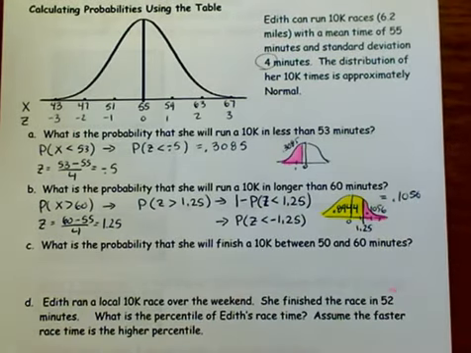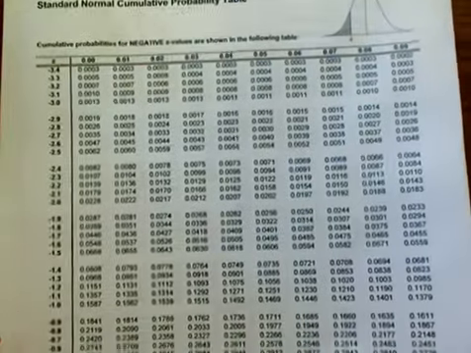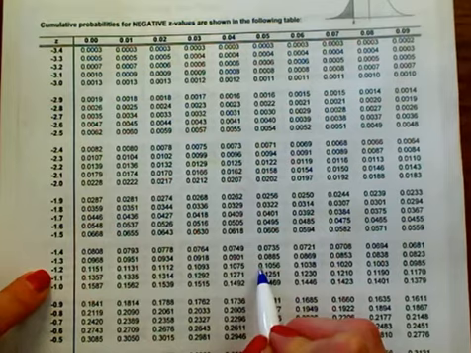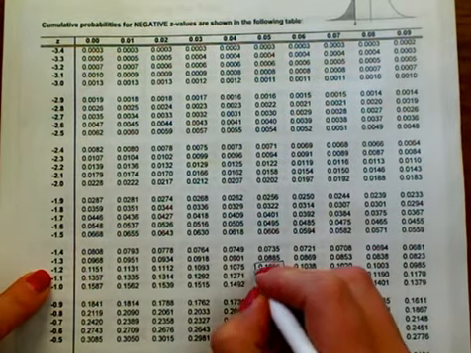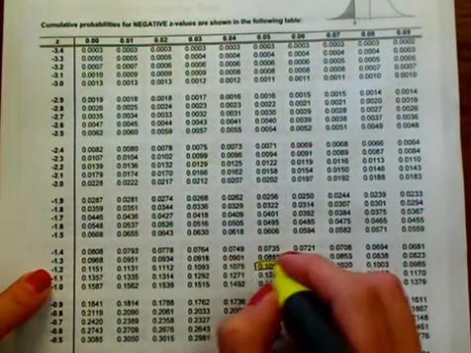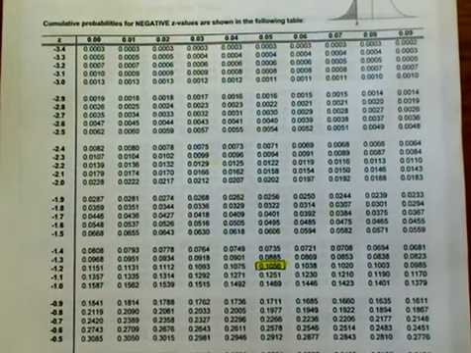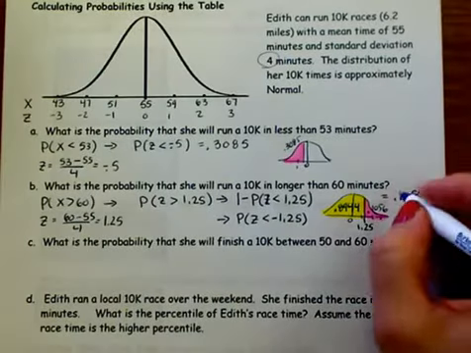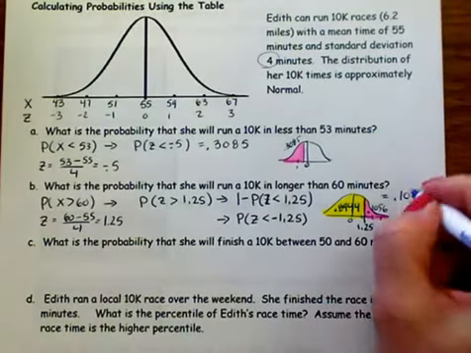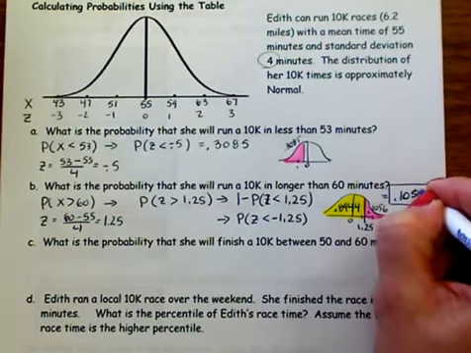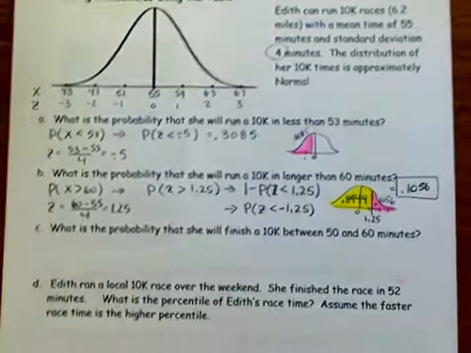Negative 1.25. Oh, there it is. The exact same number. Because of the symmetry in the chart, you can look up the negative and the positive, and there is a connection between them. What is the probability? The probability is 0.1056. Let's do the next one.